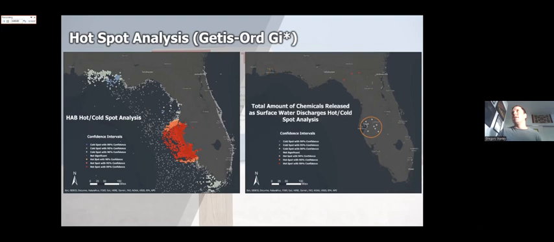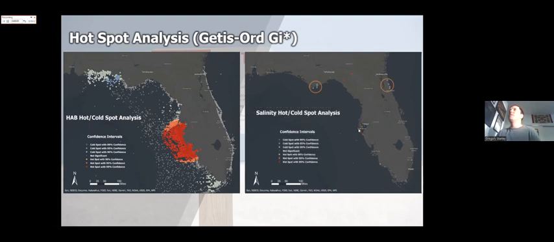And our third TRI category, kind of a weak cold spot just east of Tampa Bay. For salinity, we have two 95% confidence cold spots in the middle of the Panhandle, as well as the Palm Coast, Jacksonville area. And then finally, a pretty strong cold spot, so low value, but still strong clustering for chlorophyll.